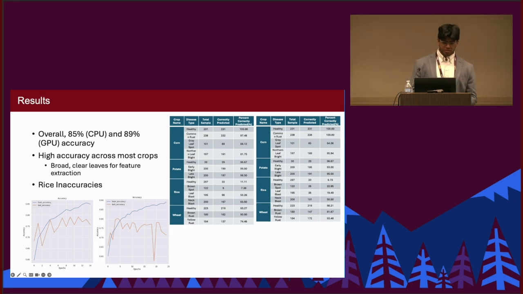Now we had very positive results for our corn, potato, and wheat crops, as these crops had large open leaves with easily identifiable physical alterations from the disease. But we really missed our targets on rice crops, and from analysis, we concluded that this was likely due to the rice crops having a really thin leaf.